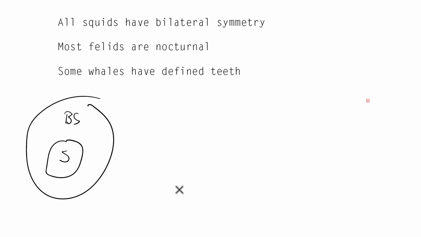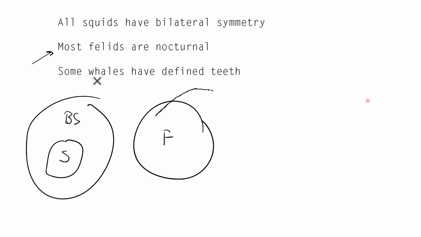This one, for example, just tells us that most felids, most cat-like species, are nocturnal. So if you were to draw out what the universe of felids looks like here, well, the majority of it is within this category, this other domain of nocturnal. Most felids are nocturnal. Apologies for the not perfect circles here.